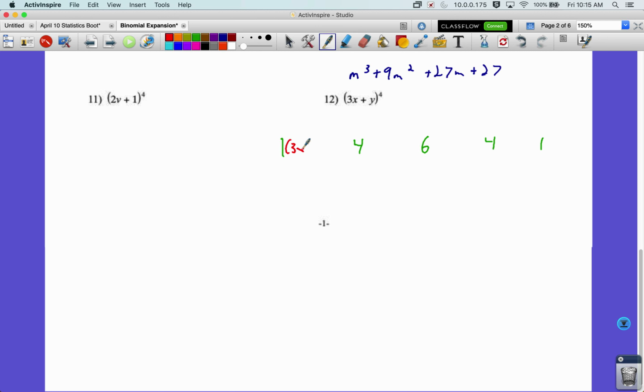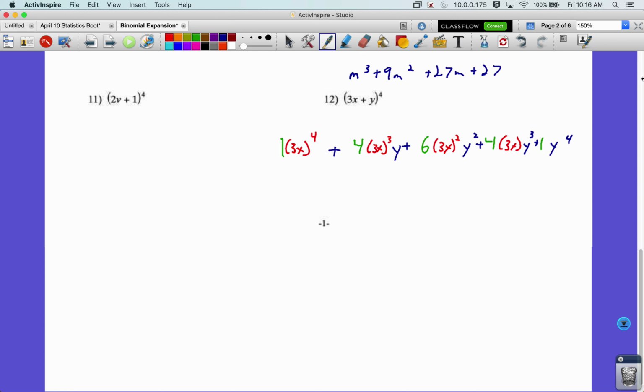So 3x, all in parentheses, to the fourth, 3x cubed, 3x squared, just a 3x, no 3x's. And then I count up with the b, which is here as a y. So no y's, y, y squared, spacing all of our terms out with addition, y cubed, and then y to the fourth.